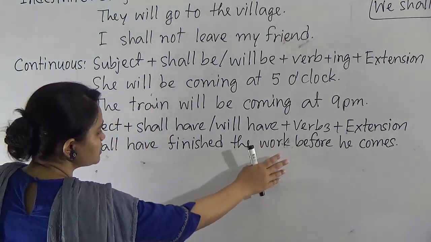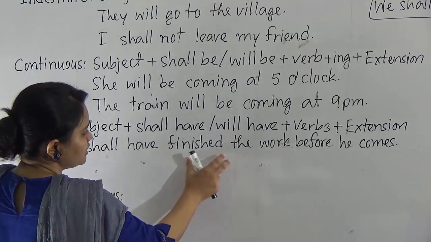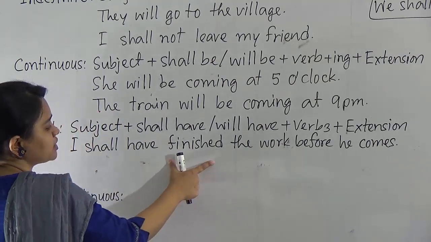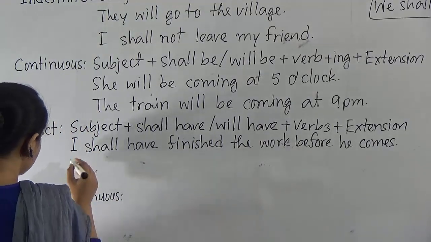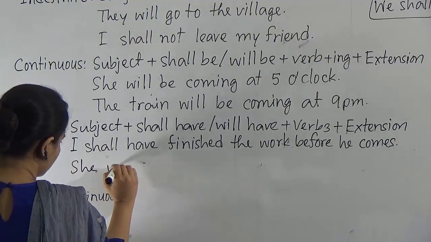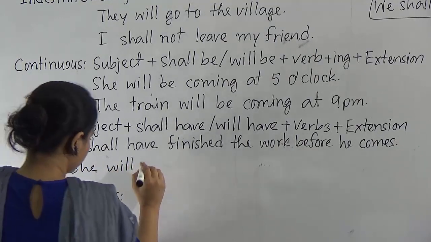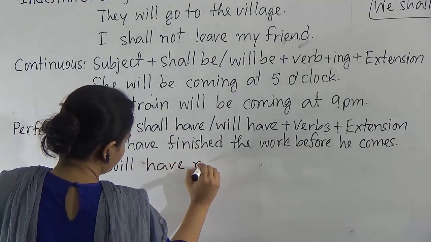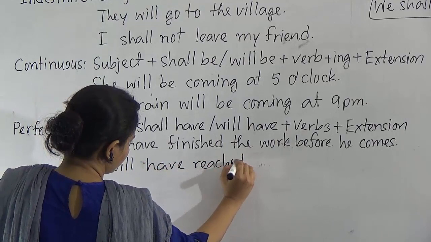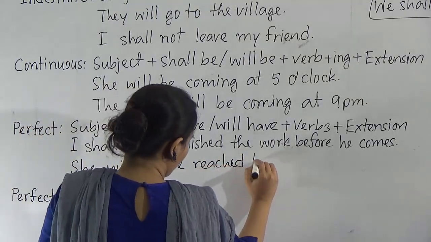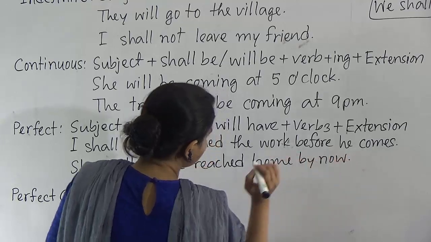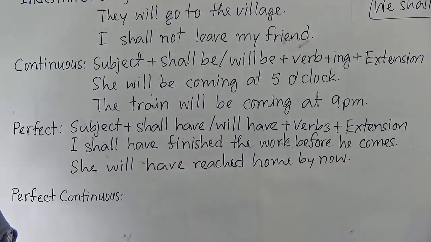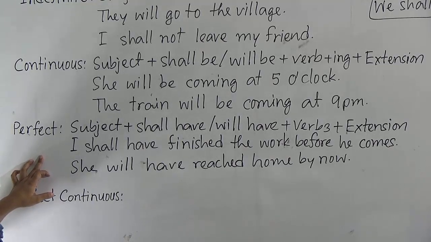So before he comes, I shall have finished the work. So this is the future perfect tense. Okay. Let me give you another example. She will have reached home by now. So this is another example of future perfect tense.